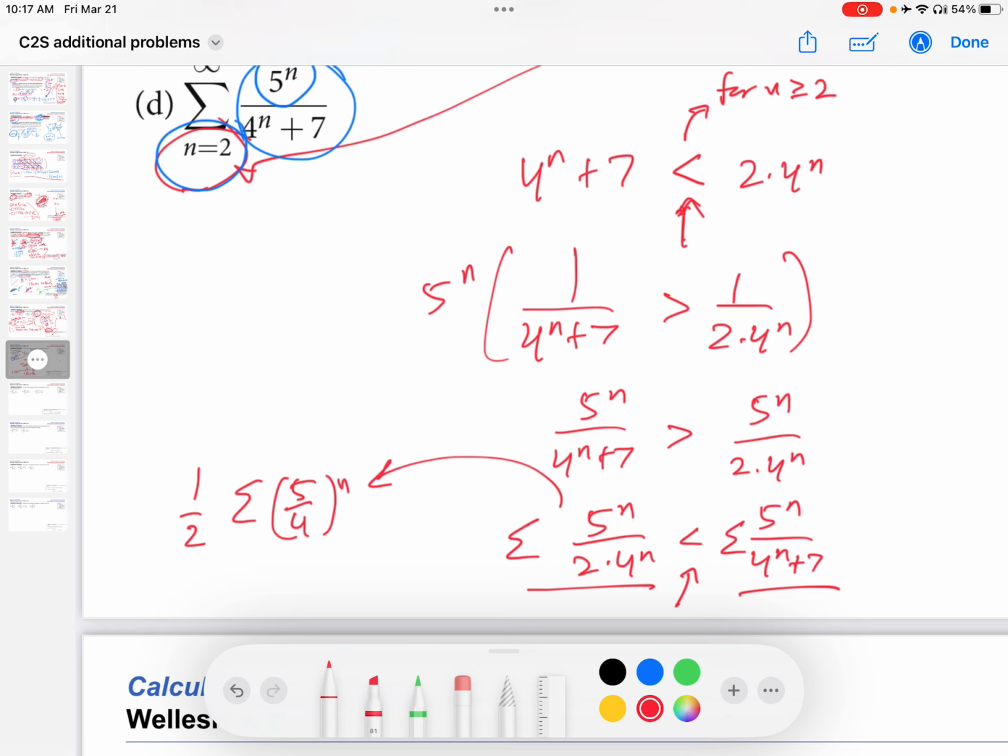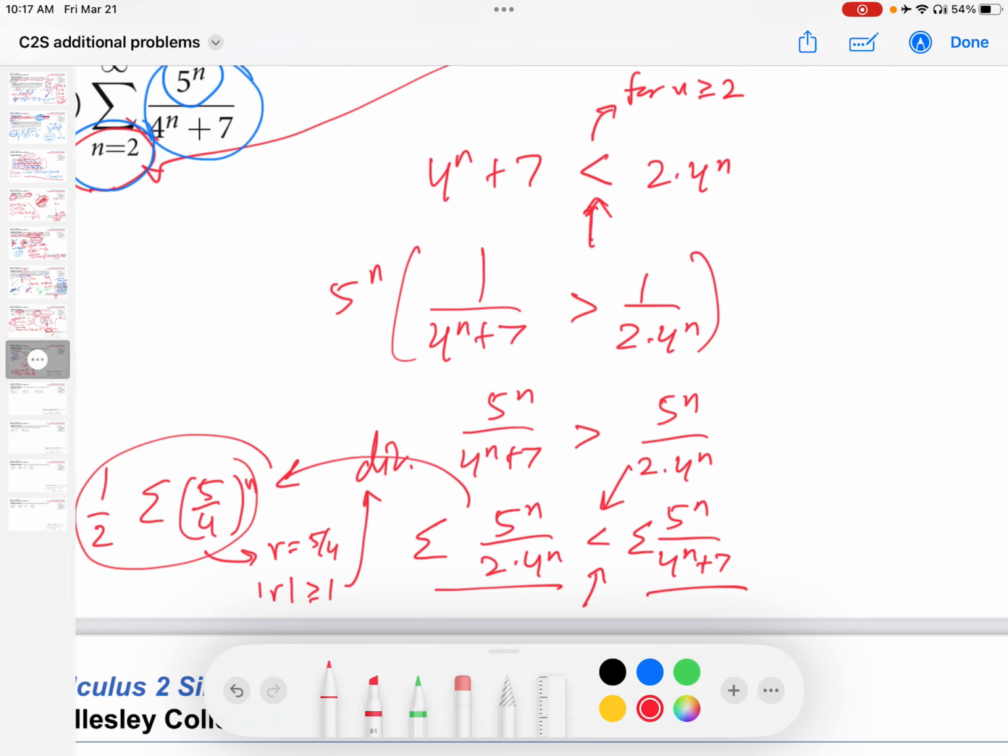Okay, so now we're getting somewhere. This is a geometric series with r equals 5/4. Because the absolute value of r is larger than 1 in this case, and all we need is that it be larger than or equal to 1, the geometric series we have here diverges. So we have found a smaller series than the one we're studying, a smaller series that diverges.